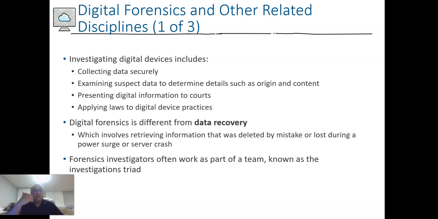All right. Also, examining suspect data to determine details such as origin and content, because sometimes I find files on computers that were created by someone else. How? Through the digital signatures and the content. For example, Bill Smith sent me a document.